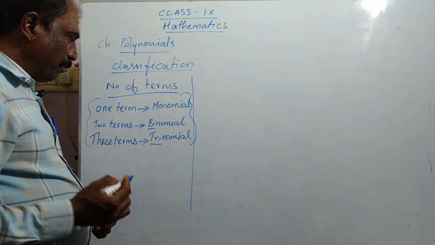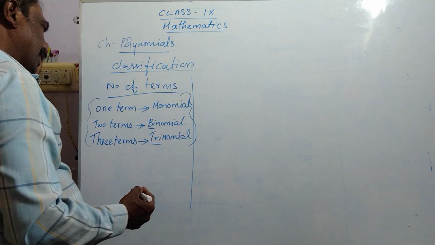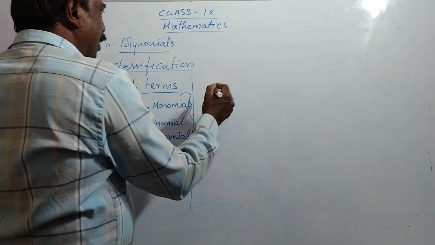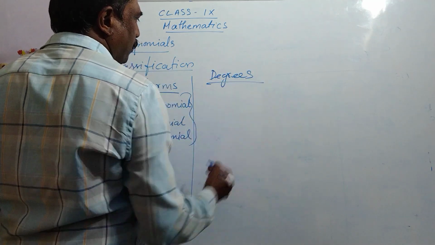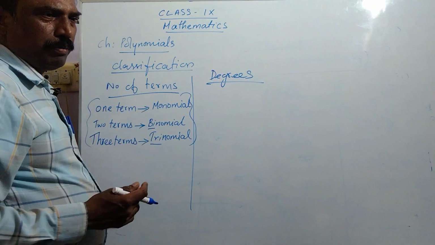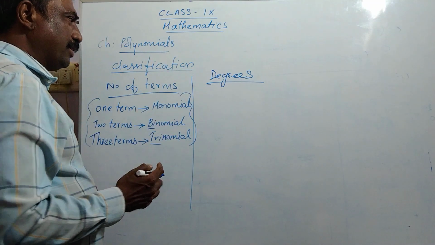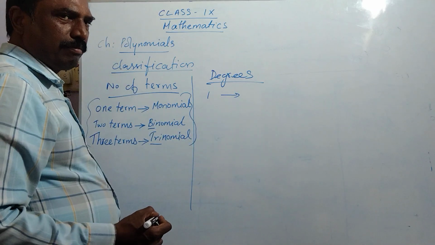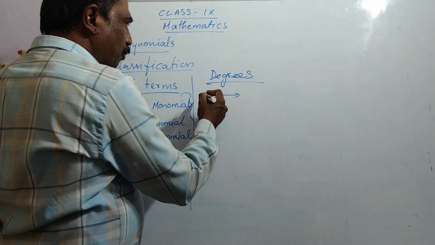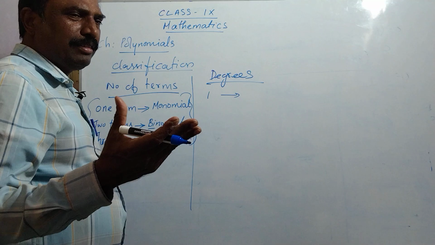And another classification of polynomials is on the basis of degrees. Degree, you know, we have seen already. Suppose the degree is 1. You know what is degree? Let us recall.